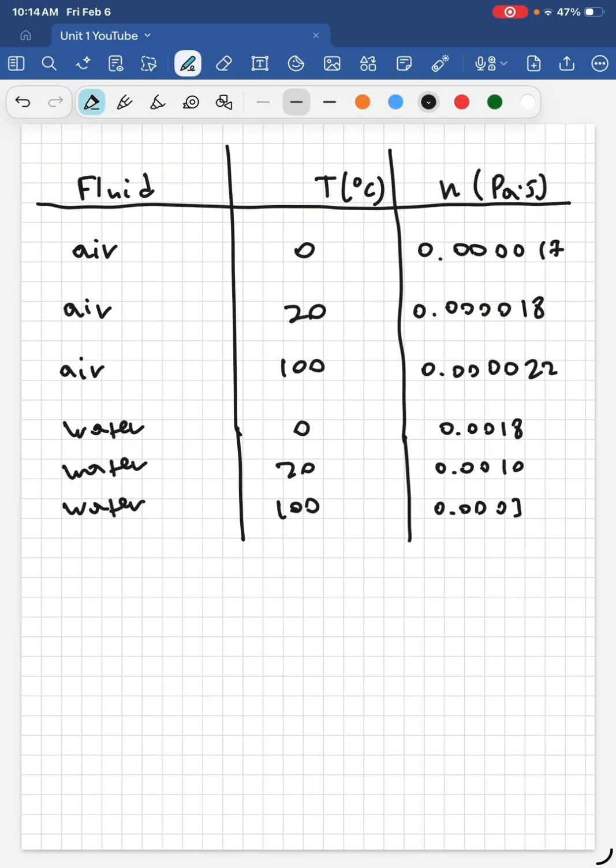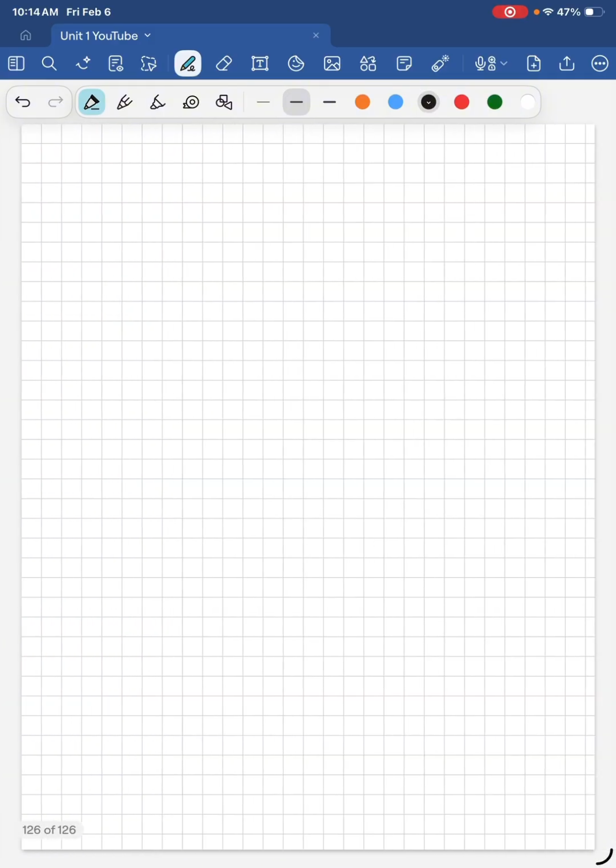So this was viscosity. Now let's go see an application of viscosity, which is Stokes law.